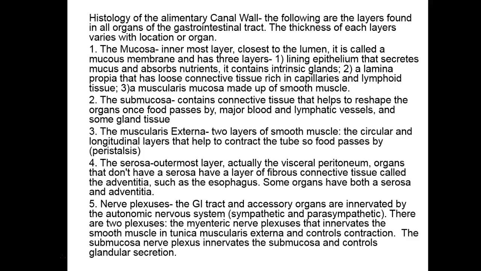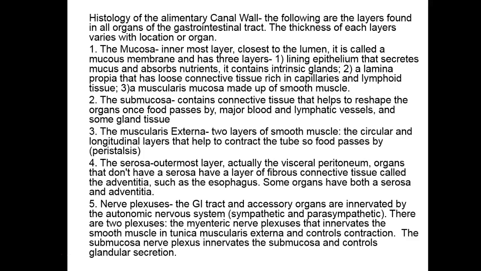There are two areas. So you have the mesenteric plexus that innervates the smooth muscle in the muscularis externa. Remember, if you go back to number 3, those are the two layers that are going to create that peristalsis.